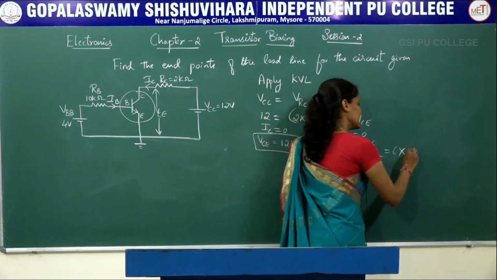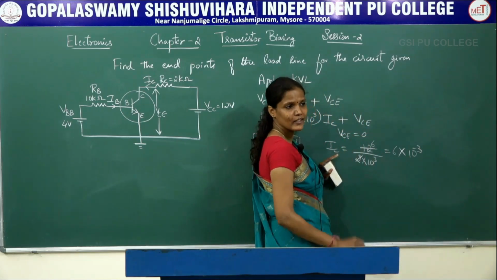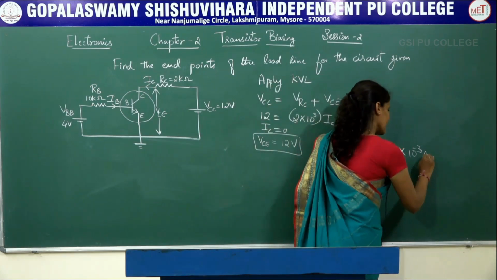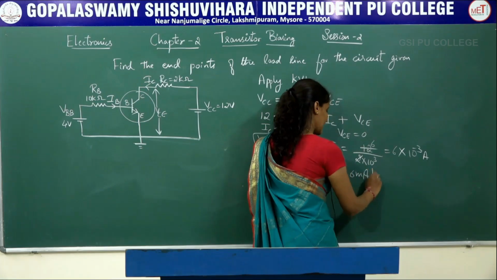When it goes to the numerator, it is 10 to the power of minus 3. The unit for IC, which is nothing but the collector current, is ampere. So IC value is equal to 6 milliamps.